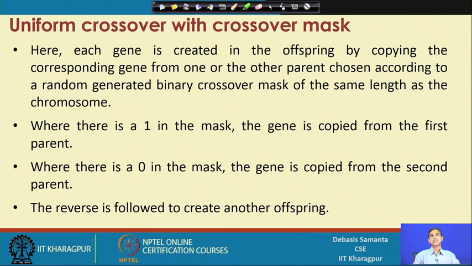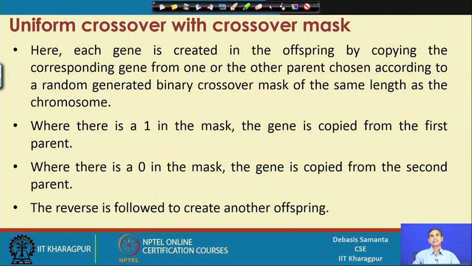Otherwise, we can consider one mask. This mask is basically a random bit pattern. Sometimes any third chromosome, third individual can be considered also as a mask, because it contains 1 and 0 in a random pattern. Now, whatever the mask is, it is selected.